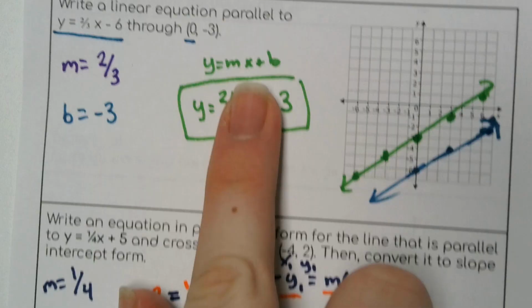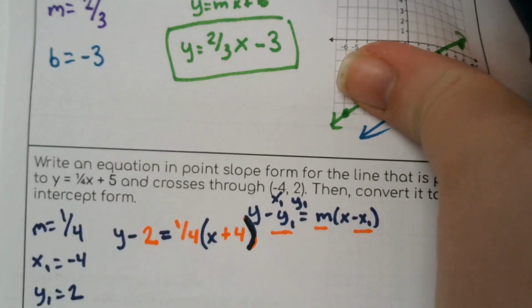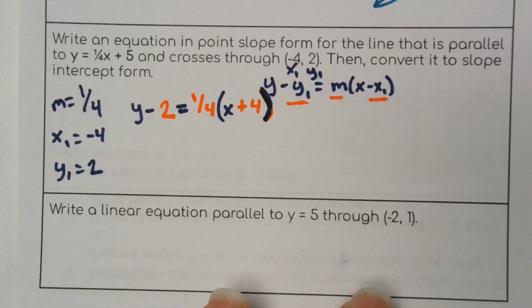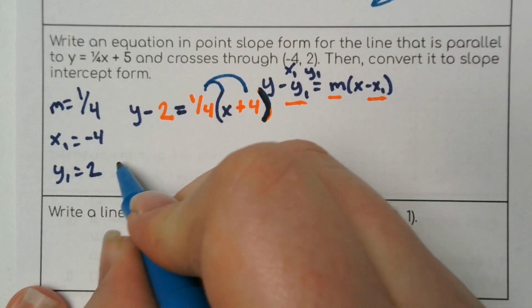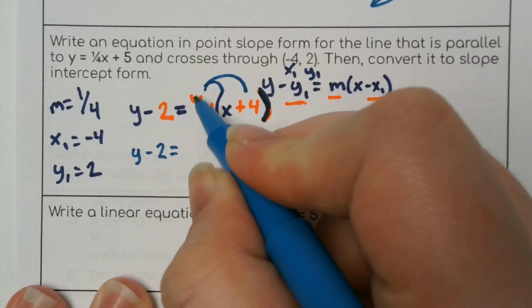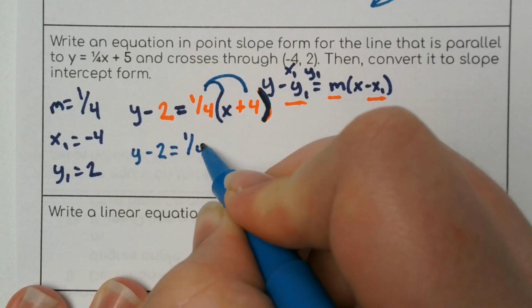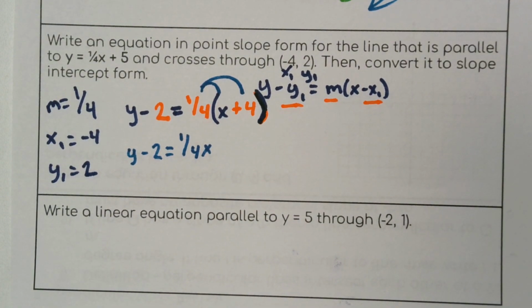That's our y equals mx plus b from earlier. So we have to get y alone. So first things first, distribute. Okay, so we get y minus 2 stays. 1/4 times x, you just write them side by side. A lot of people forgot to do this part.